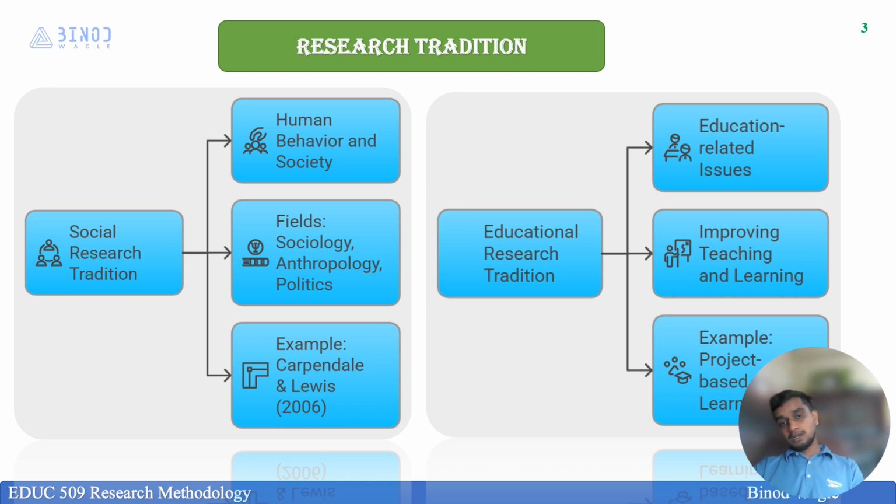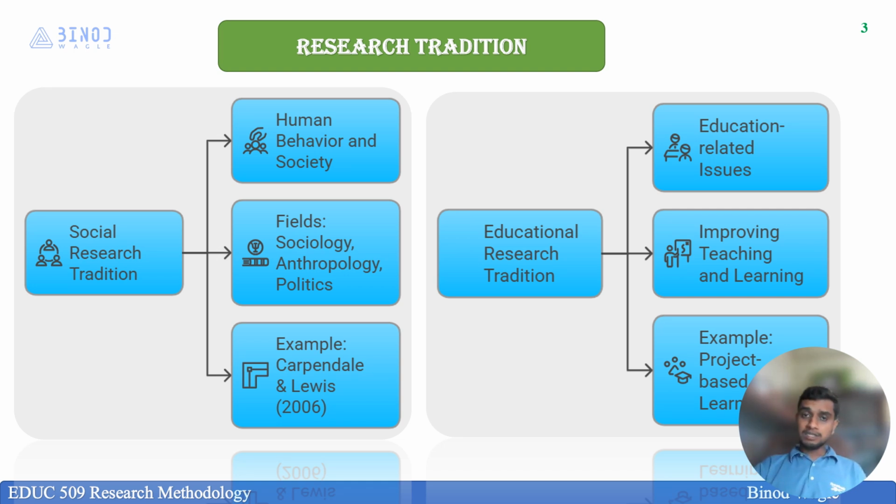Then let's talk about the educational research traditions. Educational research traditions always focus on education-related issues to improve teaching and learning. The words are enough to understand about this tradition. How we can improve our teaching and learning strategy.